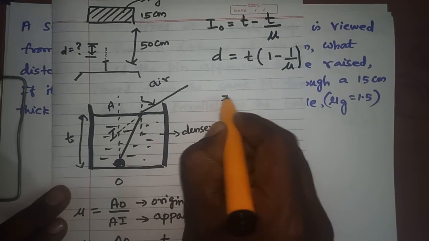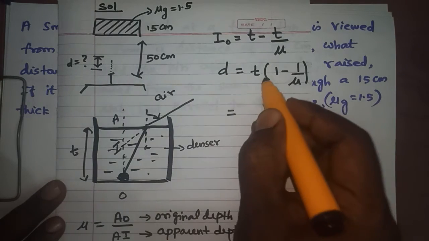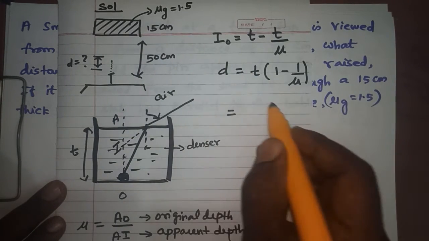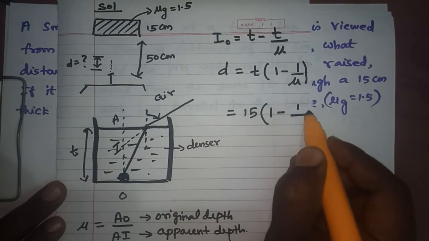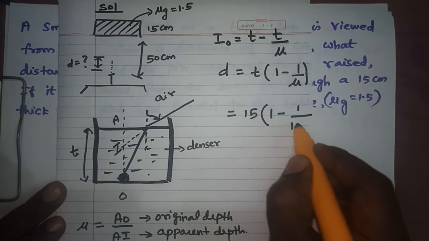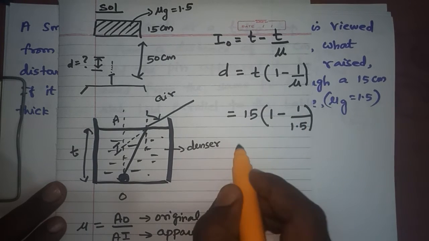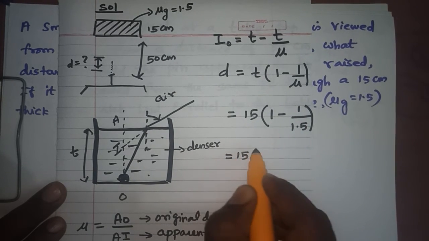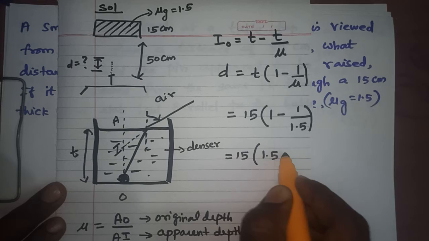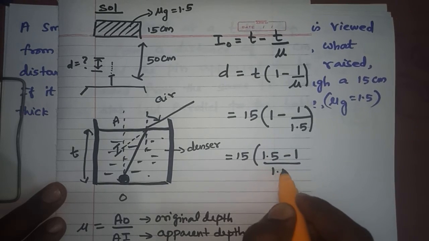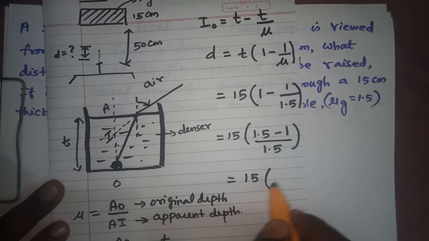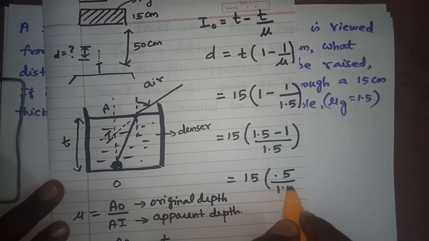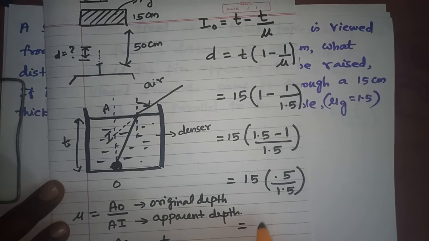I can plug in the values given here. T is the thickness, which is 15 centimeter, and the refractive index of the glass is 1.5. So D is equal to 15 into (1.5 minus 1) divided by 1.5, which is 15 into 0.5 divided by 1.5.